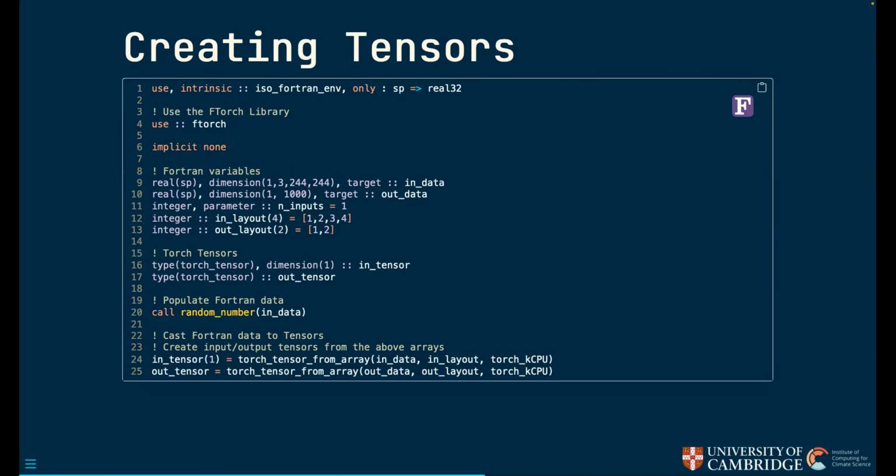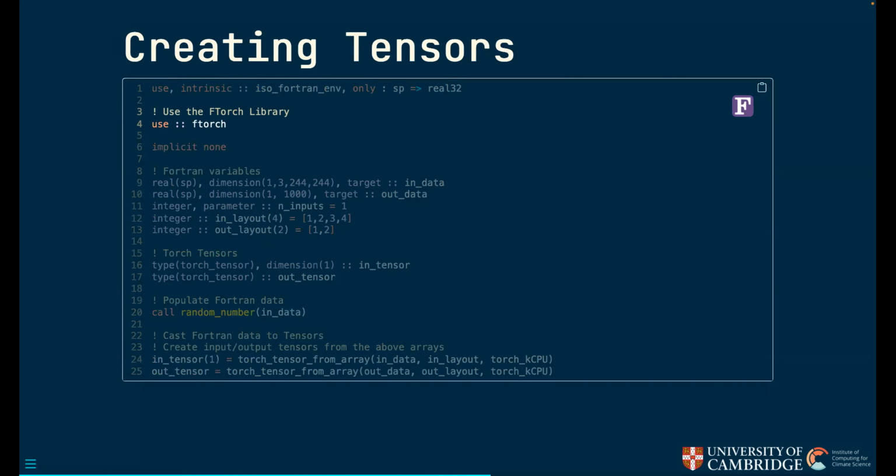If we want to create some tensors, here's the code that would be needed to do that. Again, we're using this ftorch library as a linked library. To create the torch tensors, like the module, we've got a type called torch_tensor, and we define them for the inputs to the model and the data that will come out of the model.